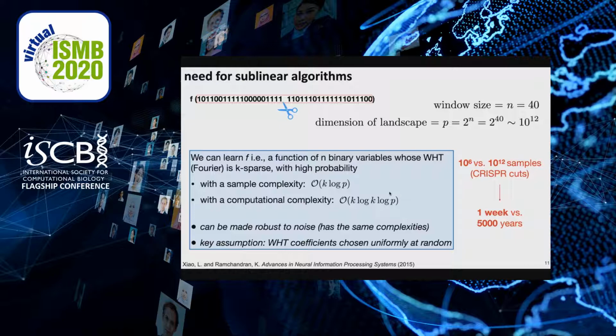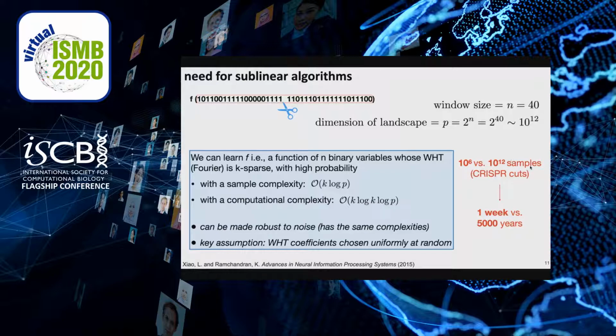So using these algorithms, we can cut the number of required samples to construct the DNA repair landscape from 10 to the power 12 to millions, which means that the time to collect the samples reduces from 5,000 years to only a week.